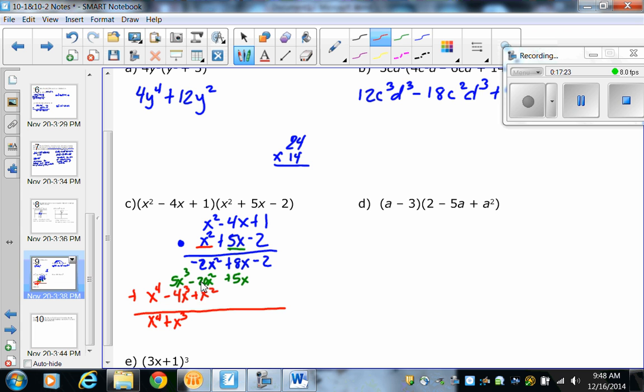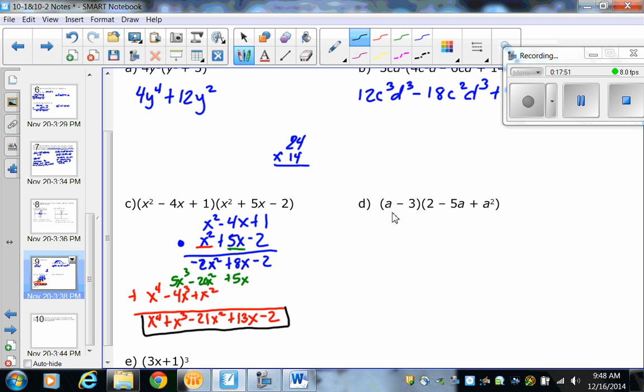Negative 2, negative 20, and positive 1 is going to give me negative 21x squared. 8 and 5 will give me 13x. And then we have our negative 2. So our final answer is this right here.